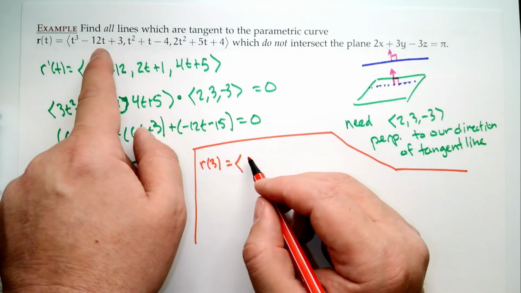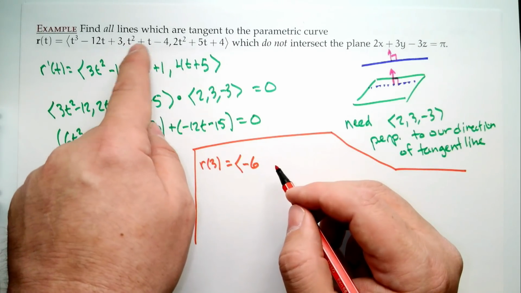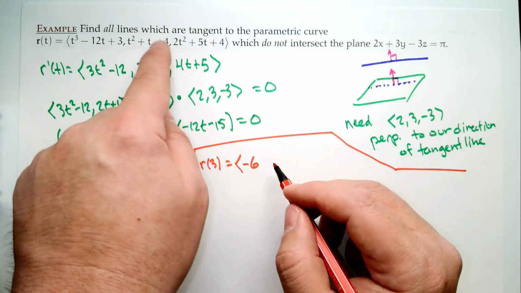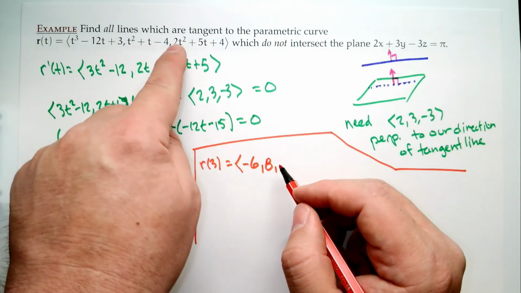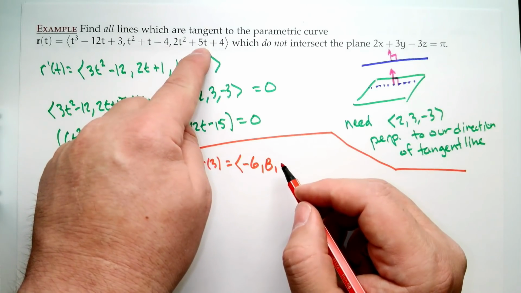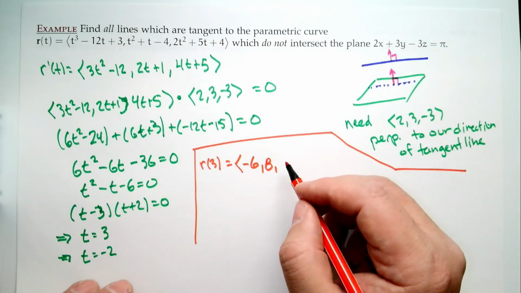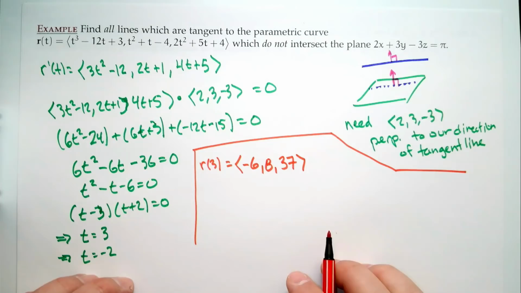That's 30. And then subtract 36 is negative 6. Here we'll get 9 plus 3, which is 12. Subtract 4 gives 8. And then we're going to have 9 times 2 is 18. Plus 15 is 33. Plus 4 more makes 37. So there's r of 3.